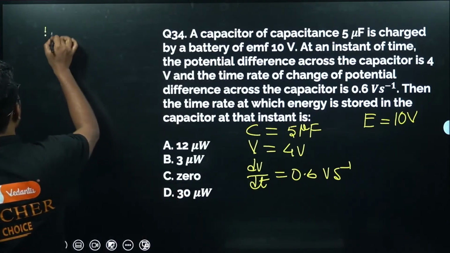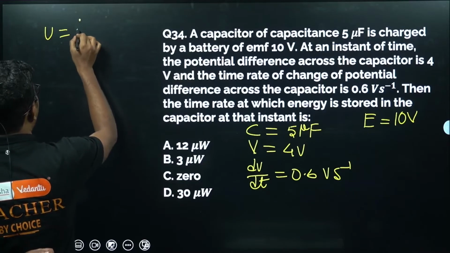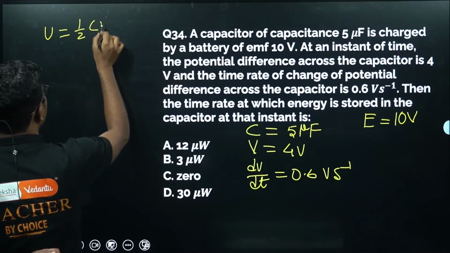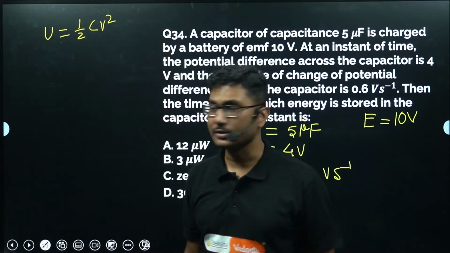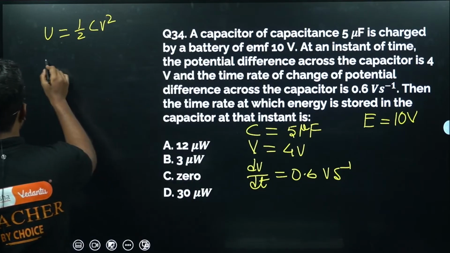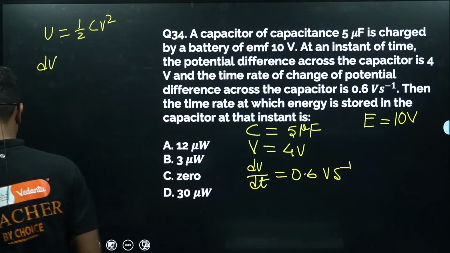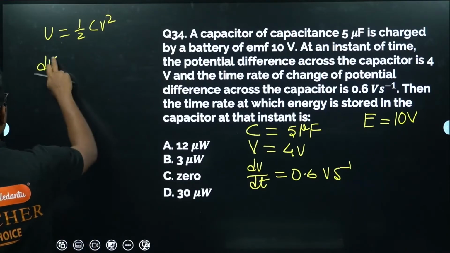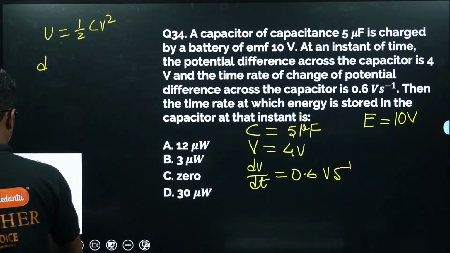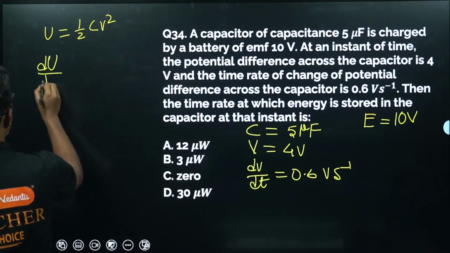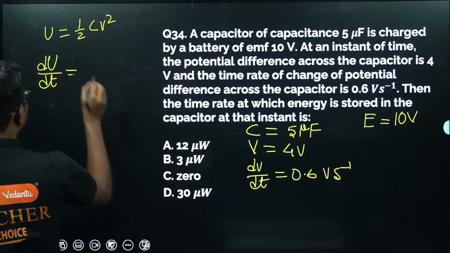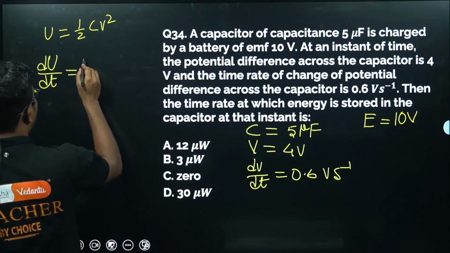You know that energy is given by half CV square. So what we can do is differentiate both sides with time, du by dt, and then we can find this as half.